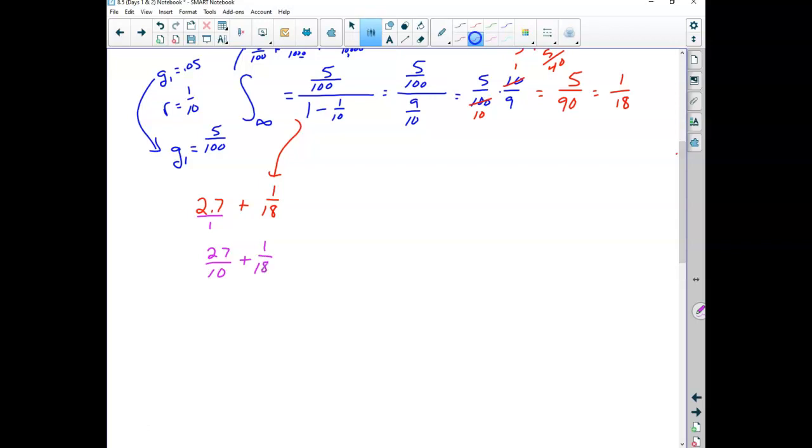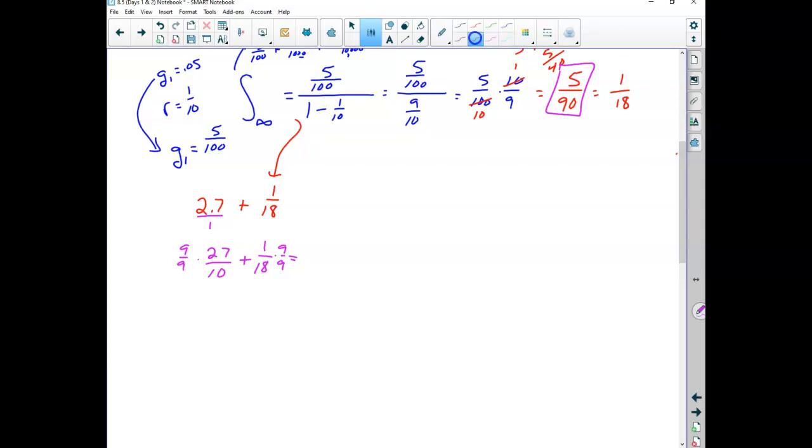And I could do whatever I want. Now I'm going to have to go back and get a common denominator. Well, what's my common denominator going to be? If I take this one times 9 over 9 and this one times 9 over 9, that's why I probably would not have reduced that one right away.